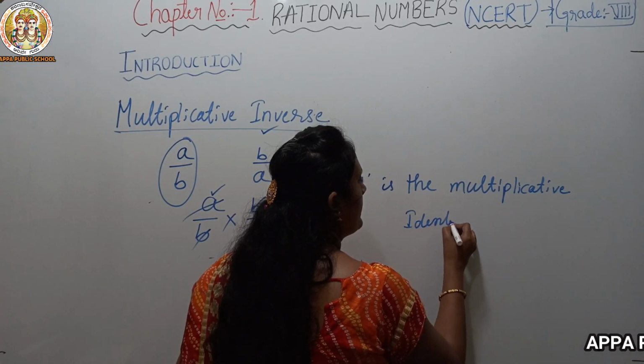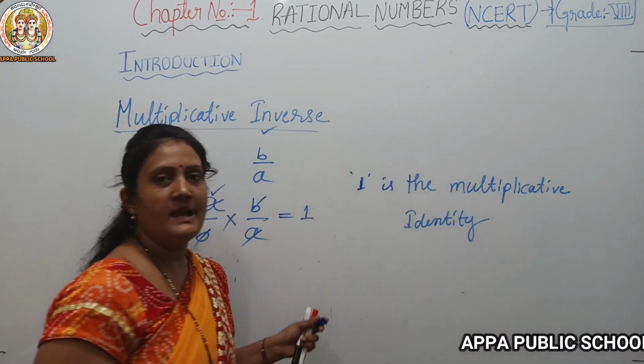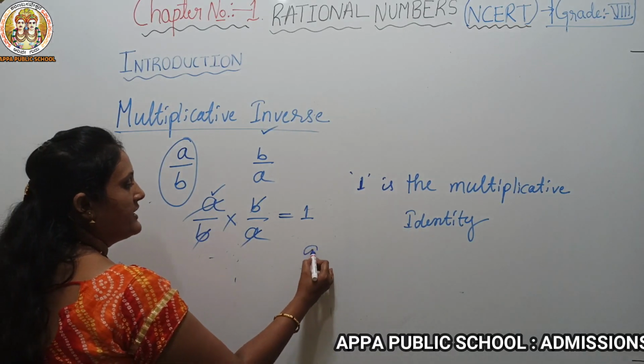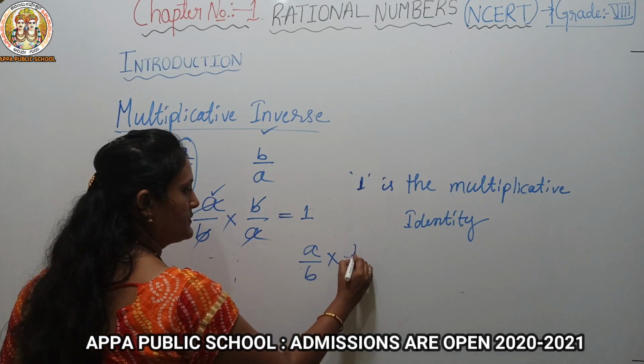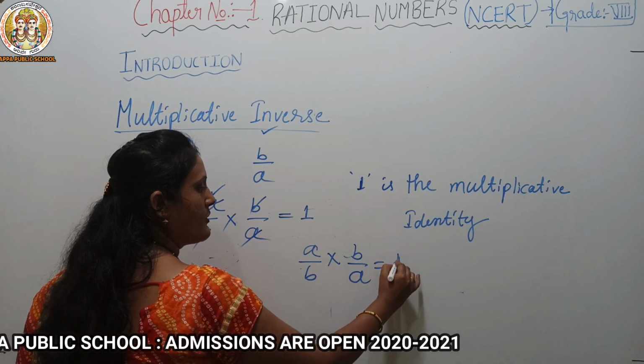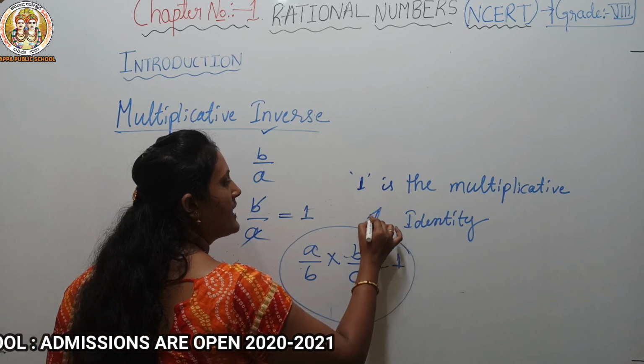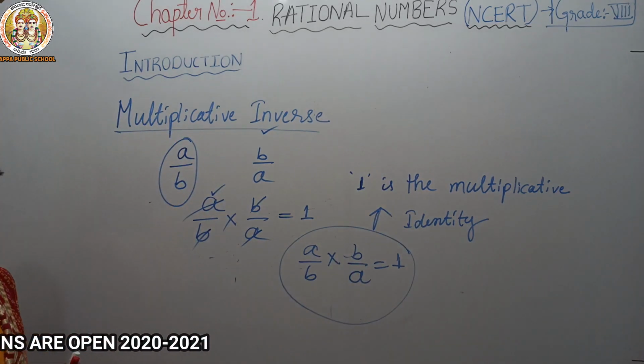What is the reason behind this? See, when we are multiplying this number with its reciprocal, B by A, the product is 1. That's why 1 is the multiplicative identity.